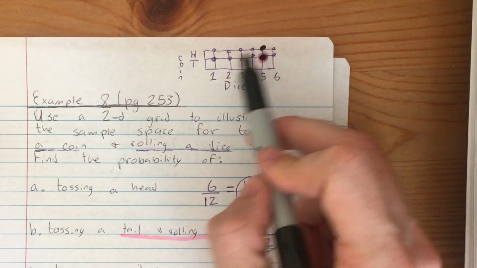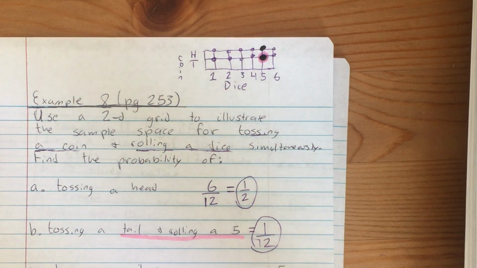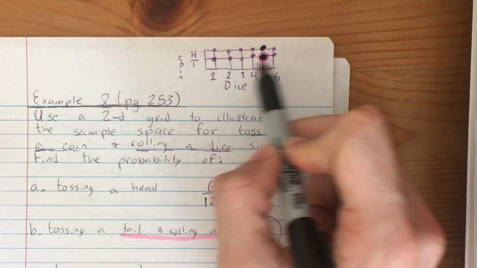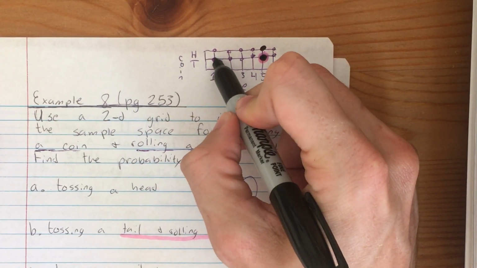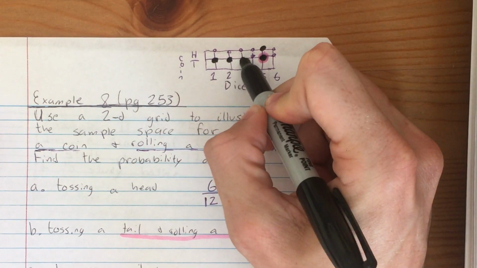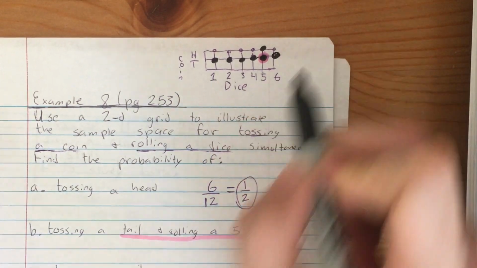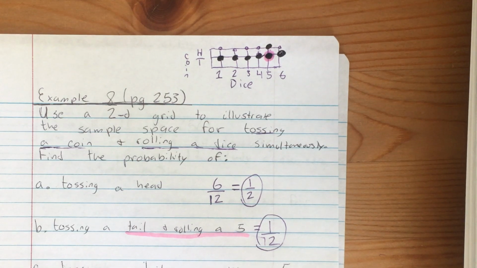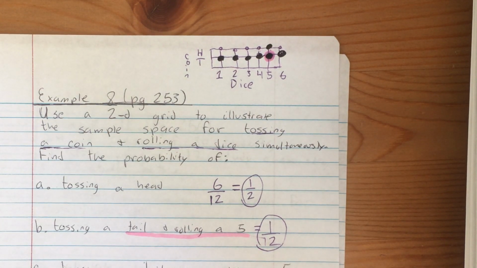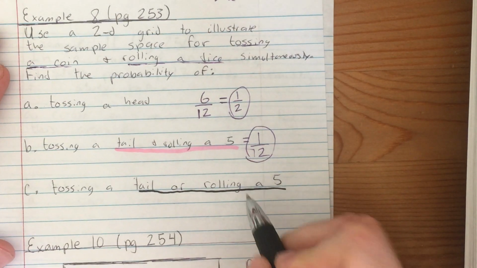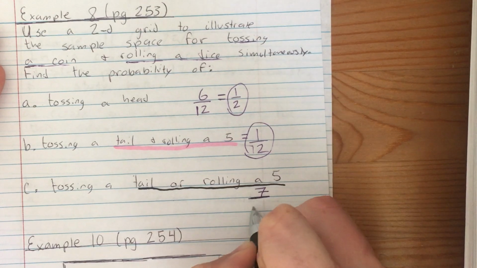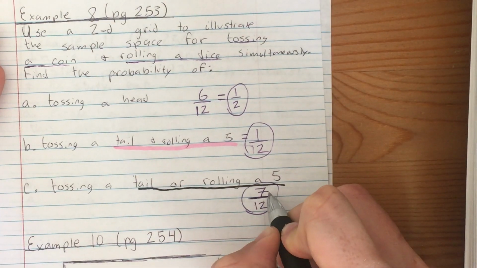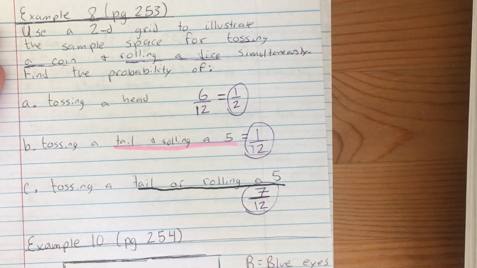You can get heads and 5, and tails and 5. But also, we're counting all of the ones for tails. So we have to include tails 1, tails 2, tails 3, tails 4, and tails 5. So in total, we are counting 7 outcomes for this probability. So our denominator is still going to be the same, but this time our numerator is going to be 7 out of 12.